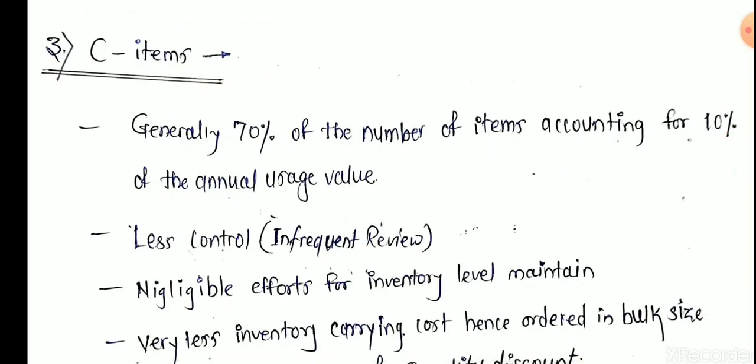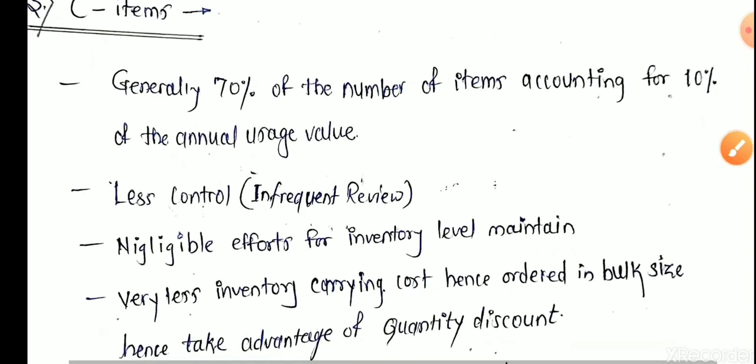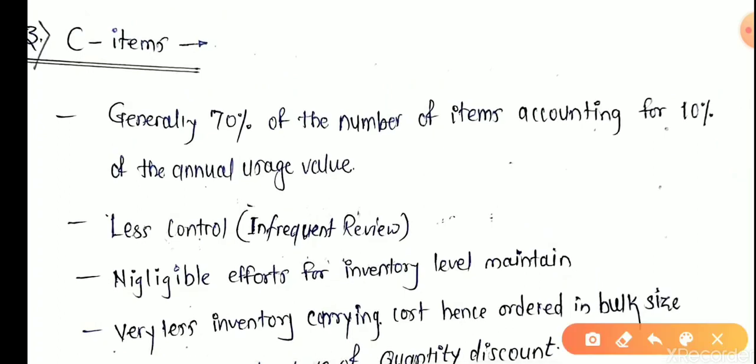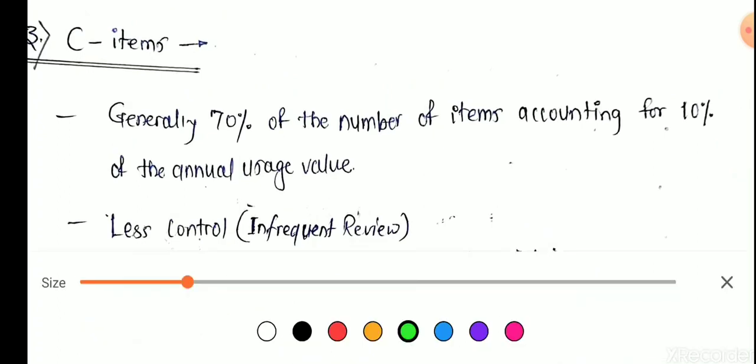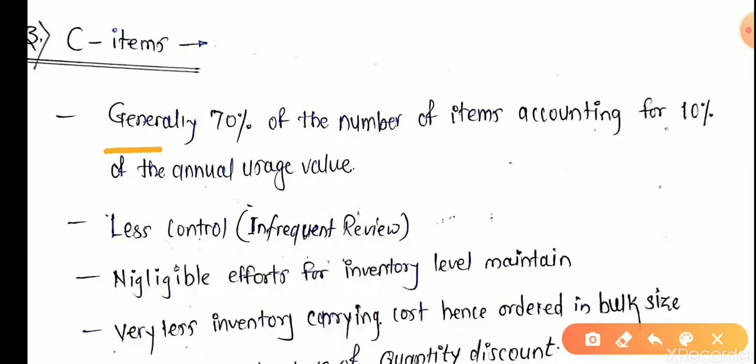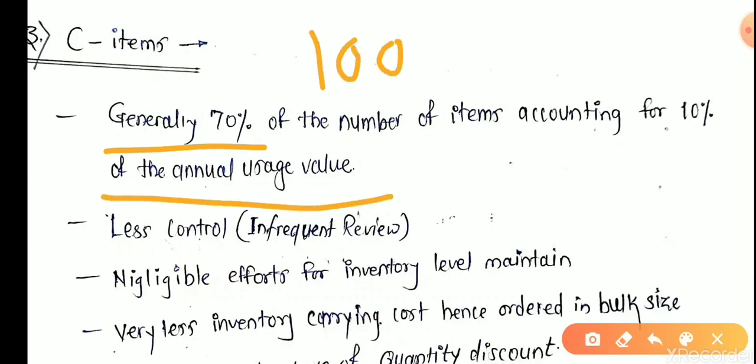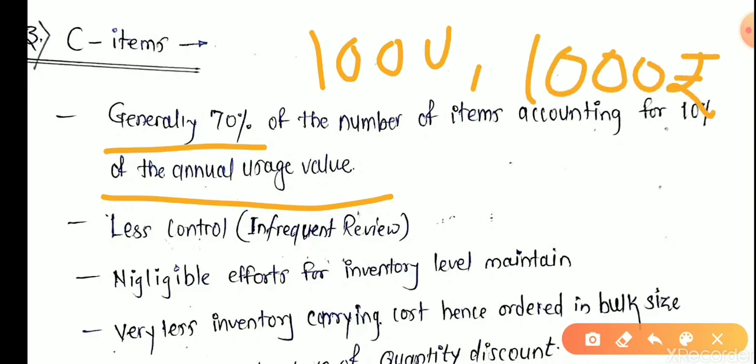Now let's see the characteristics of C items or C class items. Generally, 70% of the number of items account for 10% of annual usage value. As per the previous example, we have 100 units and the cost is 1000 rupees. A type of item has 10 units and the cost is 700 rupees, near about, not exactly.